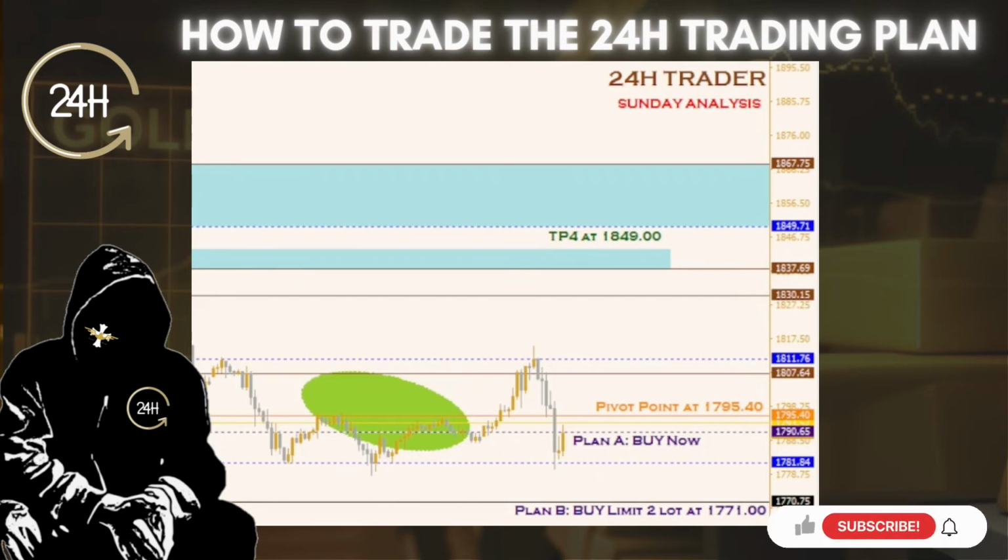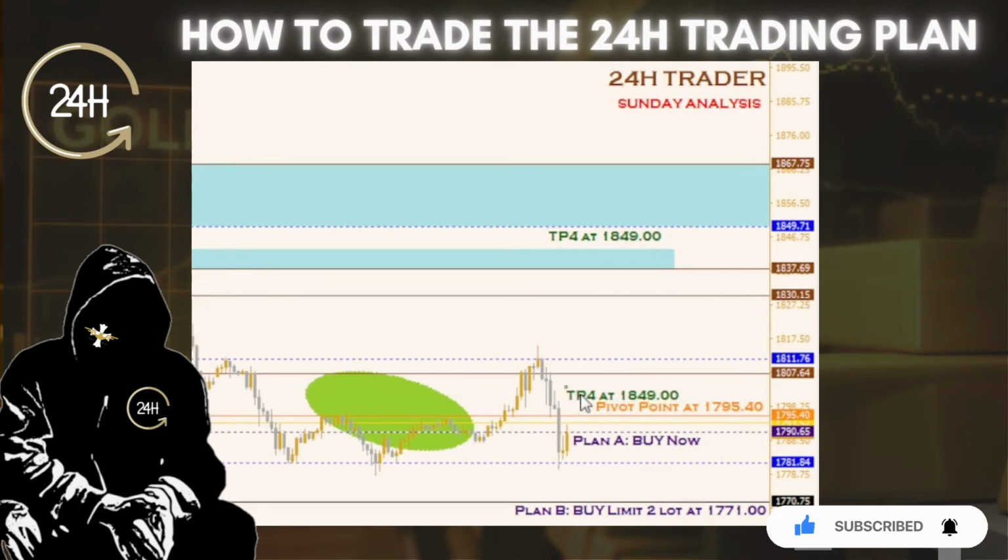So plan A is to buy now with one lot at 1790.65 when the market opens, and then plan B is to mitigate the first trade. If you trade for short term, just place plan B at 1770.75, or I'll just pick 1771. Why?